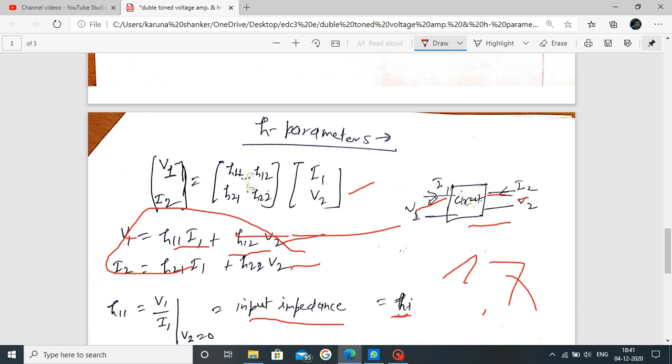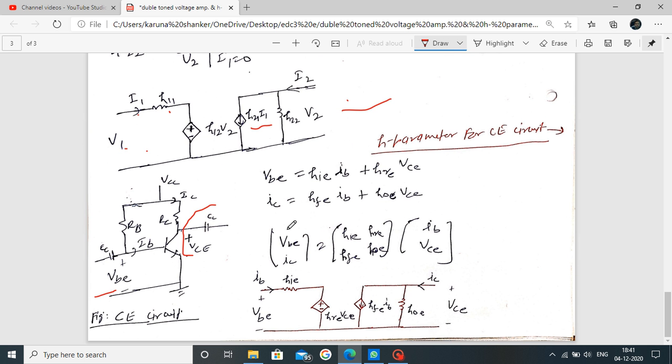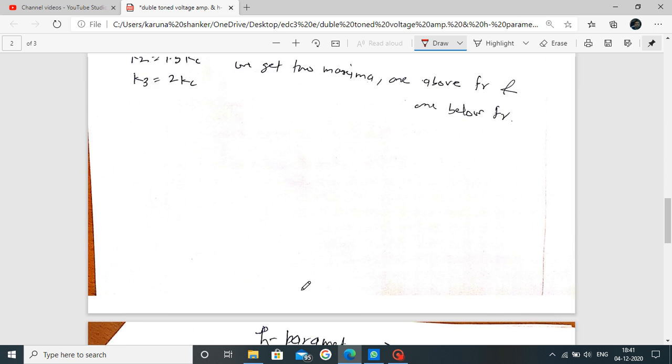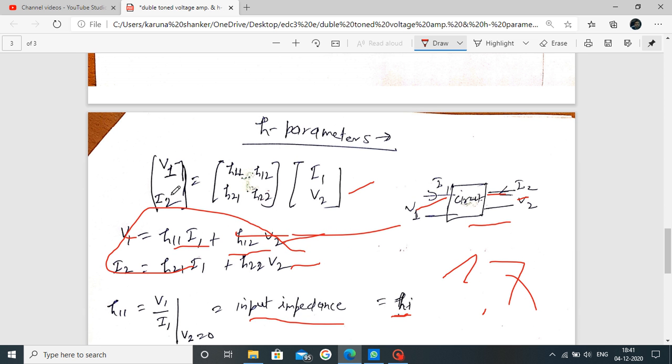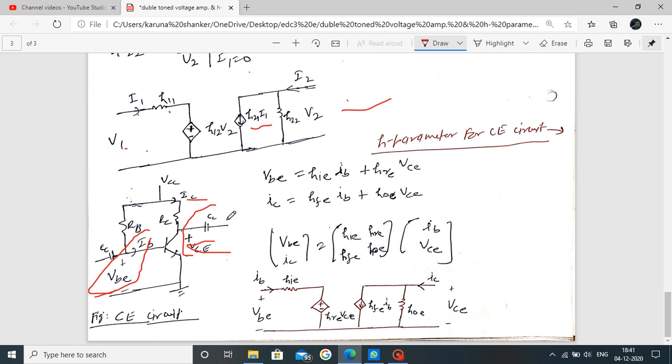Here V1 and I1, and on the output side V2 and I2. Similarly in this circuit, VBE and IB are the input side, and the output is VCE and the current IC. Similarly the equations will be created, and then you obtain the H parameters.